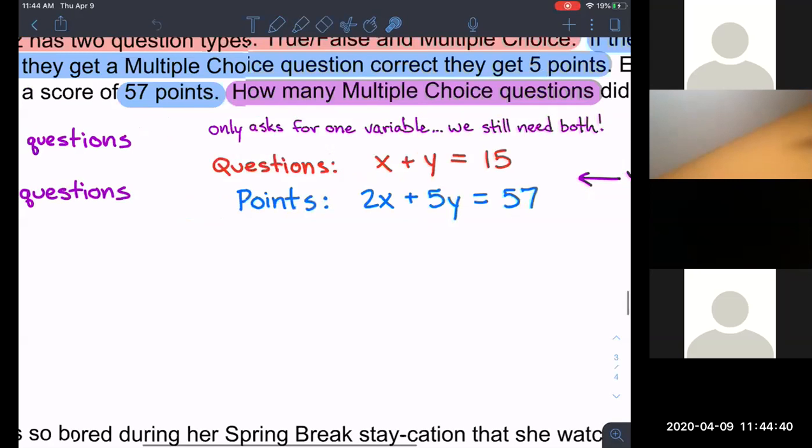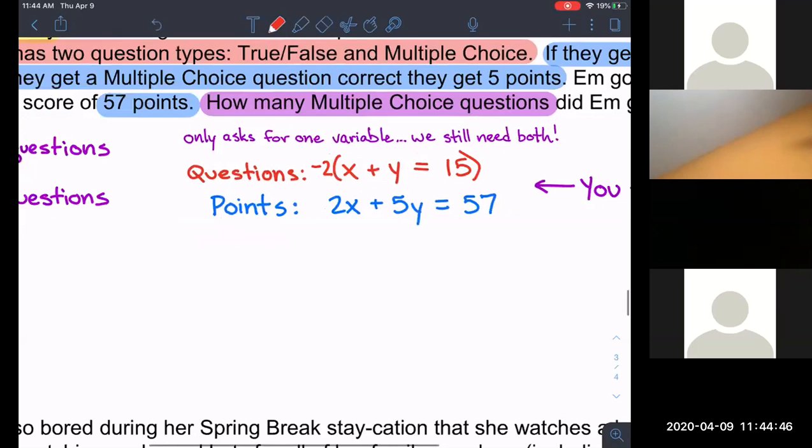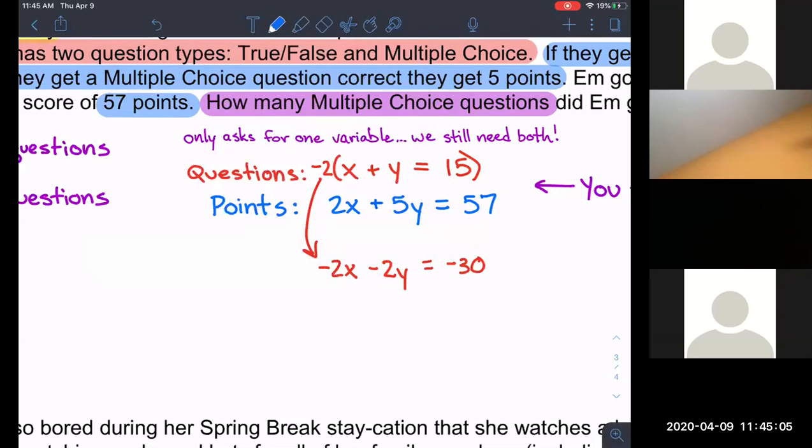All right, so let's go ahead and show that. We're going to multiply the top equation by -2, and I'll rewrite them here down below. So we get -2x minus 2y equals -30. I multiplied everything in the top equation by -2 there, and that's what we get. And then bring down the blue one: 2x plus 5y equals 57.